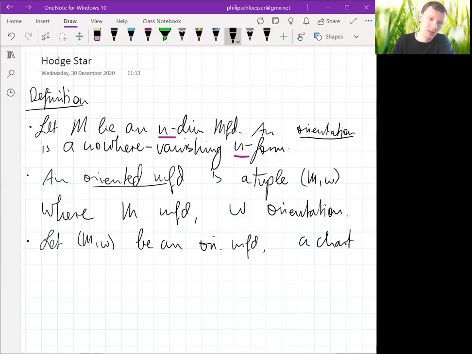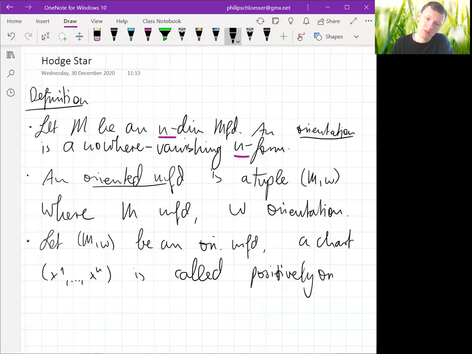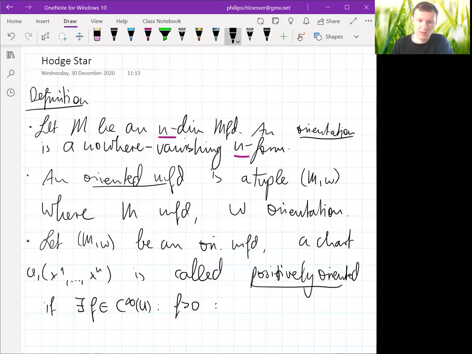The chart x1 till xn, on a chart open set U, is called positively oriented if there exists a positive function f such that dx1 wedge and so on dxn is equal to f times our orientation.